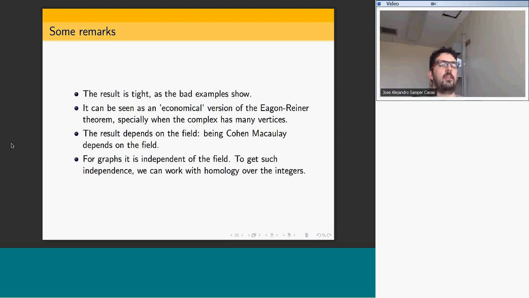So if you want to be picky and specific, and make sure that it works for any choice of field, you can pass to homology over the integers. Granted, this is not combinatorial, but I still think that if you're in simplicial complexes and you're talking about simplicial homology, this is somewhat combinatorial. So it's like combinatorics and topology.